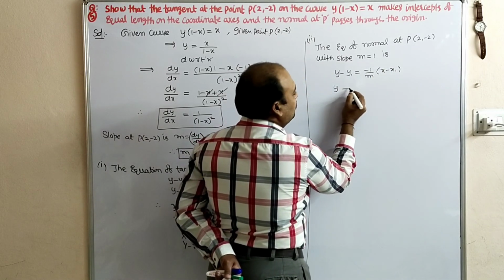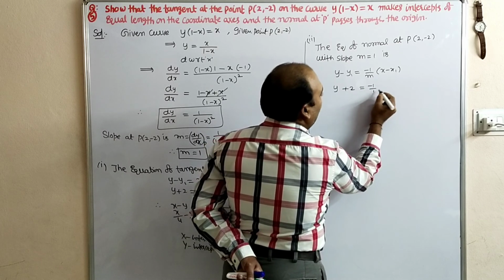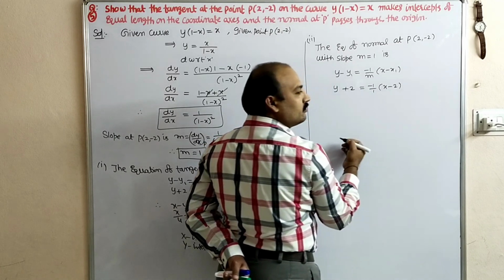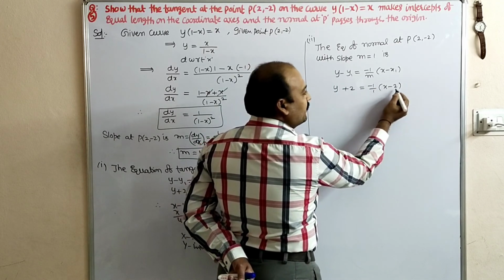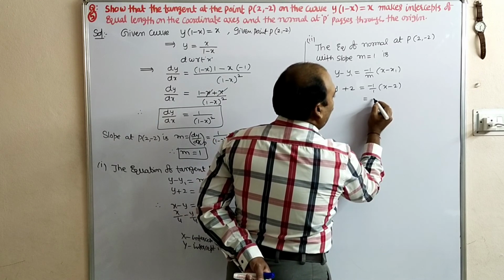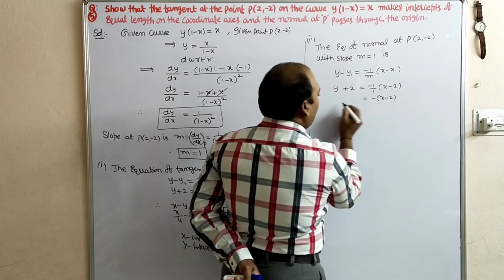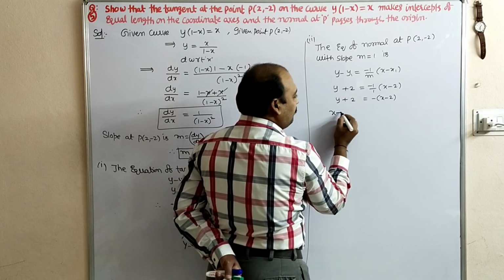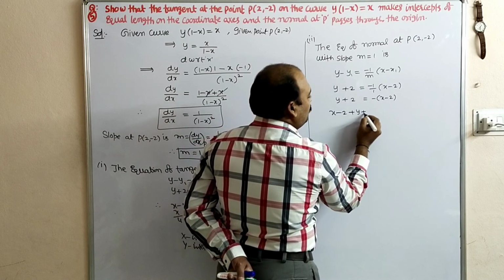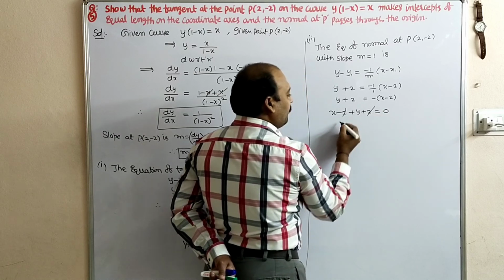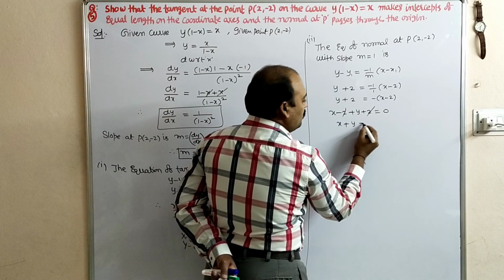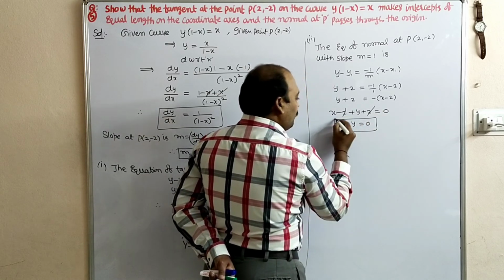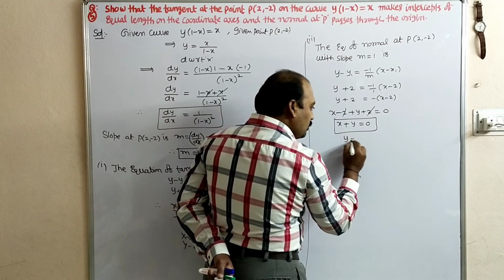So y minus of minus 2 equals minus 1 by 1 into x minus 2, so minus 1 into x minus 2. So y plus 2, this minus of x minus 2 we take to the other side, plus y plus 2 equals 0. So x plus y equals 0. You can write it as y equals minus x.